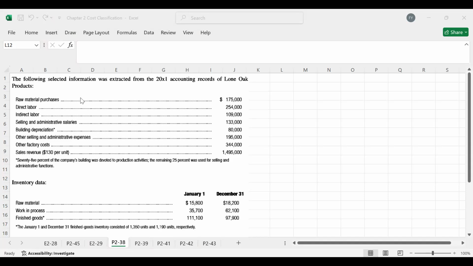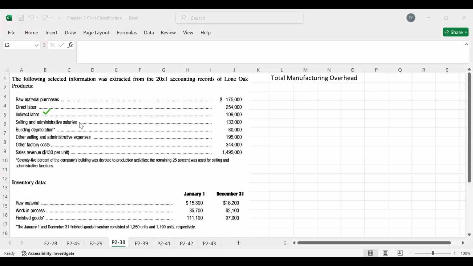So first, what we are going to calculate is total manufacturing overhead. Direct raw material is not part of manufacturing overhead. Direct labor is also not part of MOH, but indirect labor is a part of MOH.